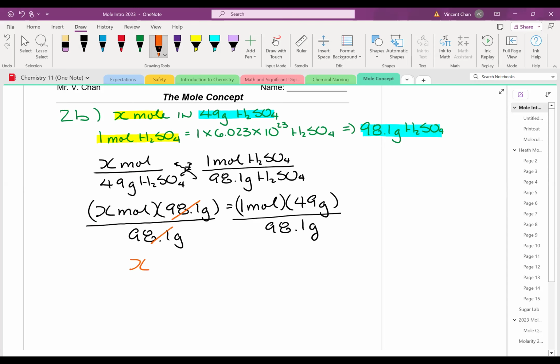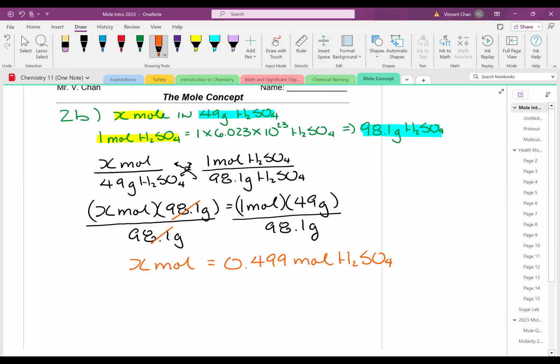And so my X moles would be equal to 49 divided by 98.1. And so I would get an answer of 0.499 moles of H2SO4.